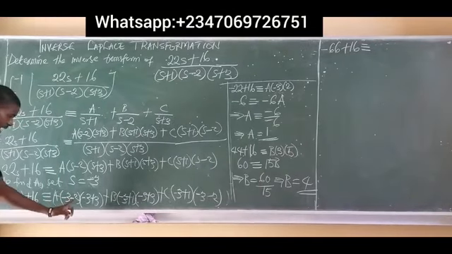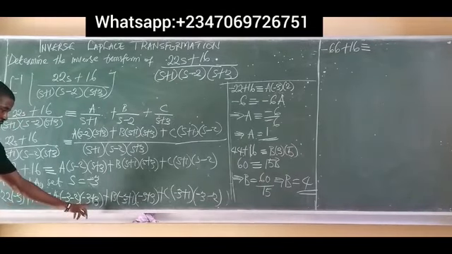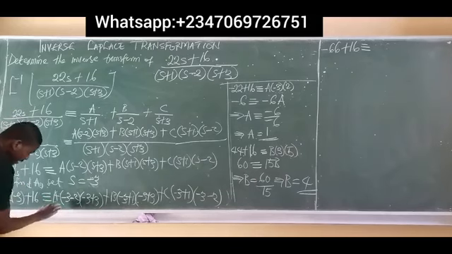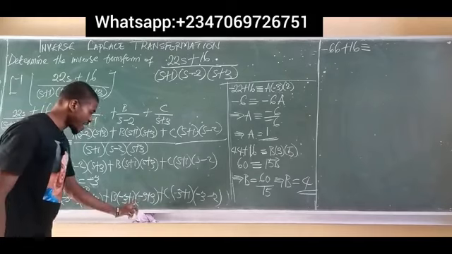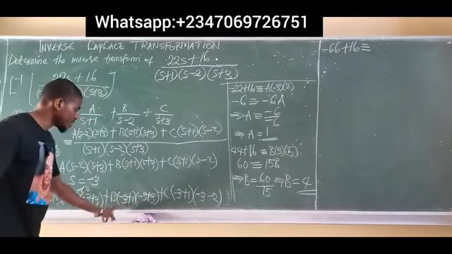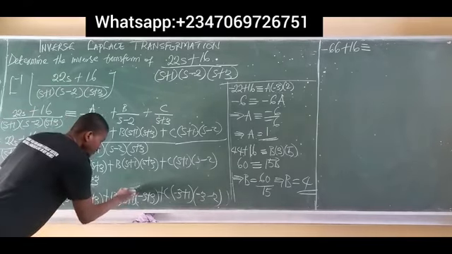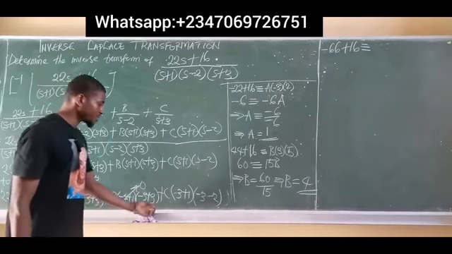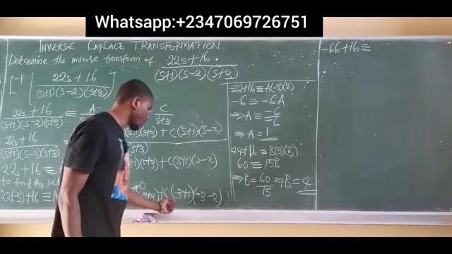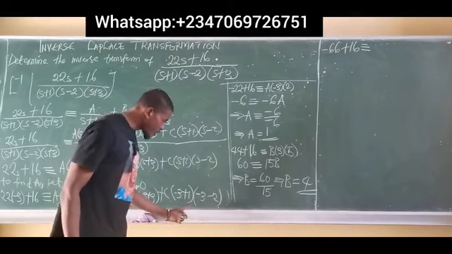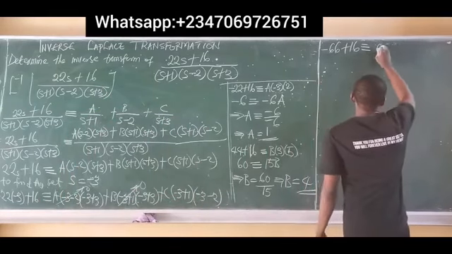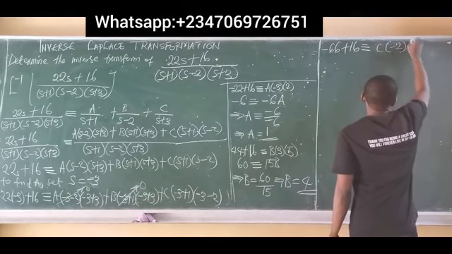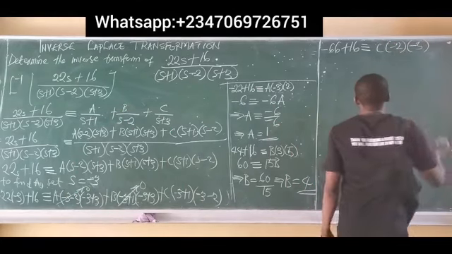Notice that here I have minus 3 plus 3, which is 0. 0 times everything here automatically becomes 0. Similarly, I have minus 3 plus 3, which is 0. 0 times everything here automatically becomes 0. So I am left with only terms in c now. Minus 3 plus 1 is minus 2. Minus 3 minus 2 is minus 5. So I have c into minus 2 into minus 5. Alright.